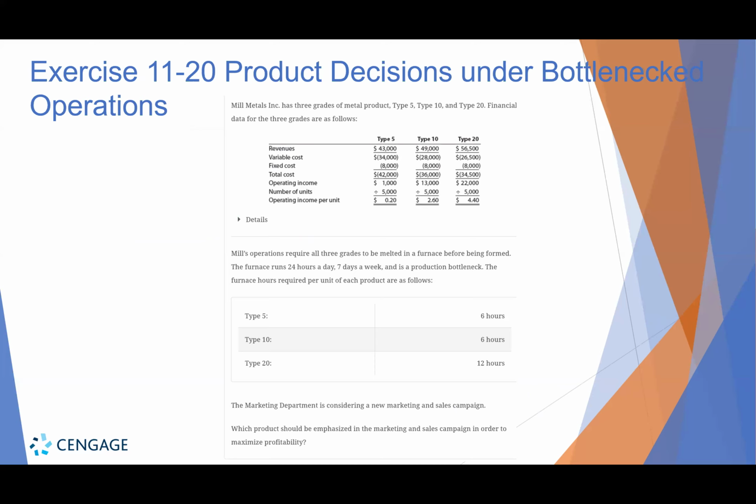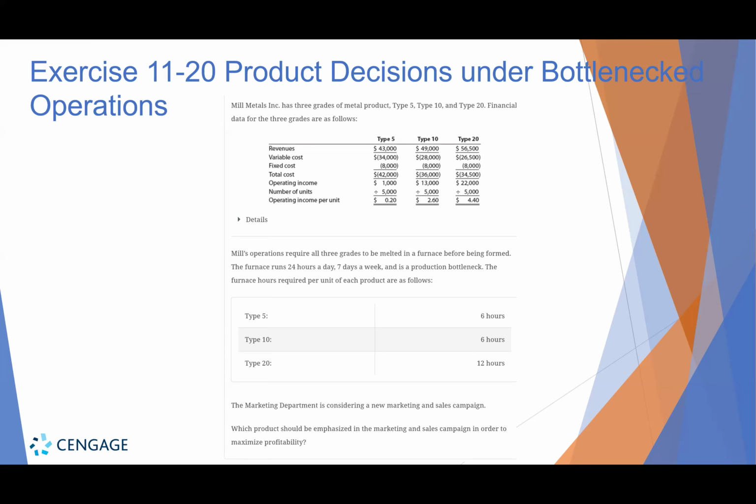The furnace hours required per unit of each product are shown here. Types 5 and 10 have the same amount of hours. Type 20 has 12 hours. The marketing department's considering a new marketing and sales campaign. So, which needs to be emphasized in this sales campaign?